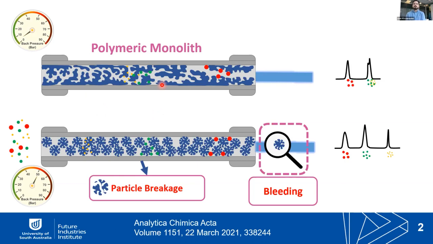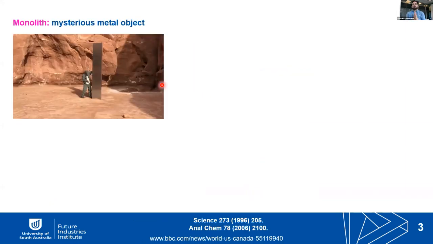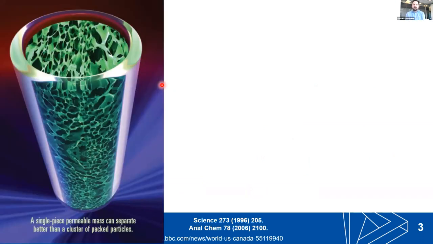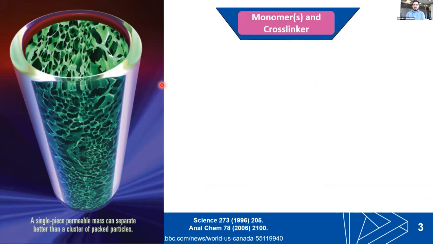However, the current technology has no efficiency or less efficiency, especially for oligomeric polymer separation. So if you search for monolith on the internet, you can end up with a mysterious metal object that appears and disappears. However, what I'm talking about today is a single piece of polymer material with a porosity, and the analyte can go through this, and the preparation is very simple.